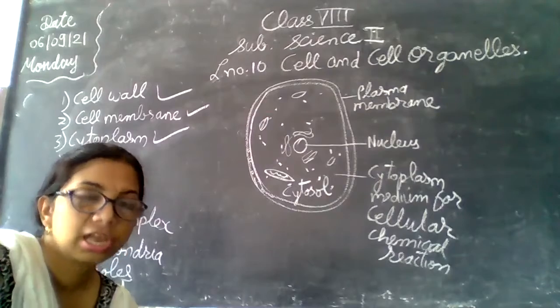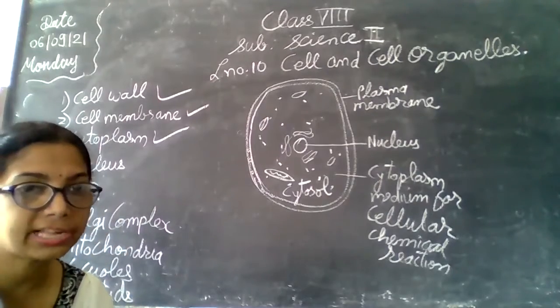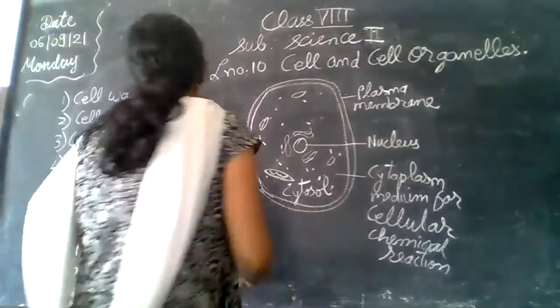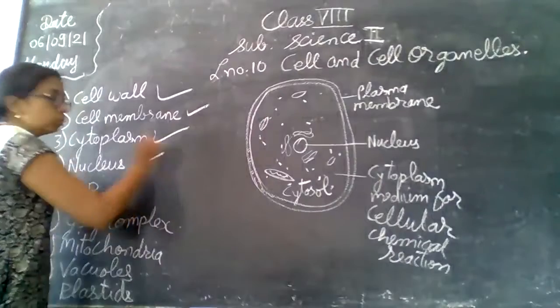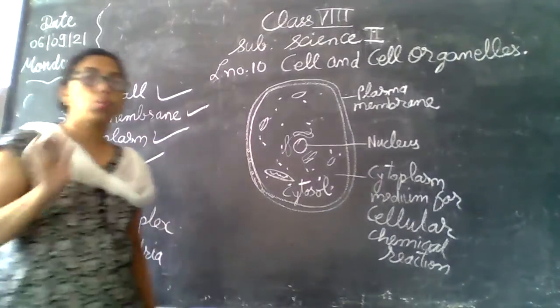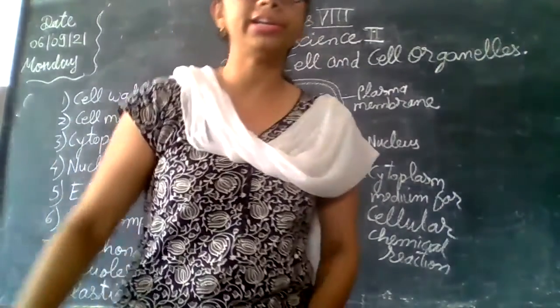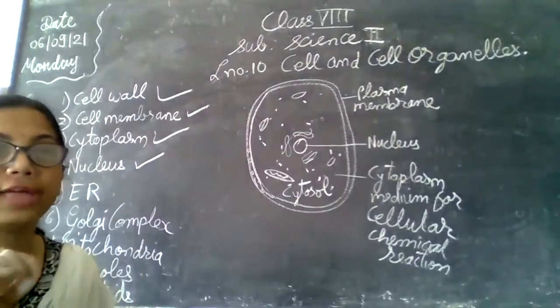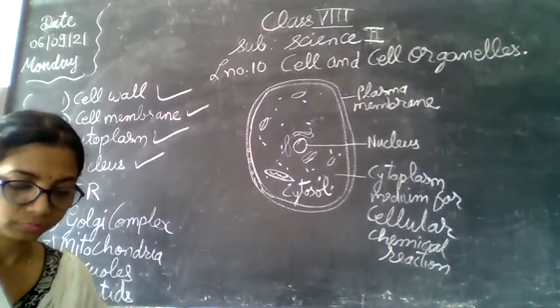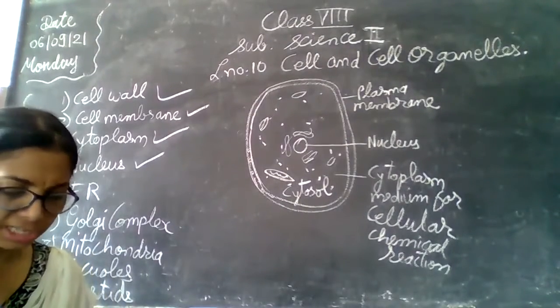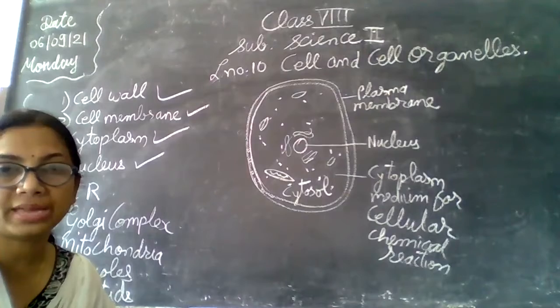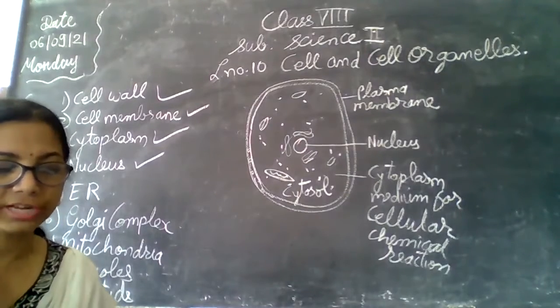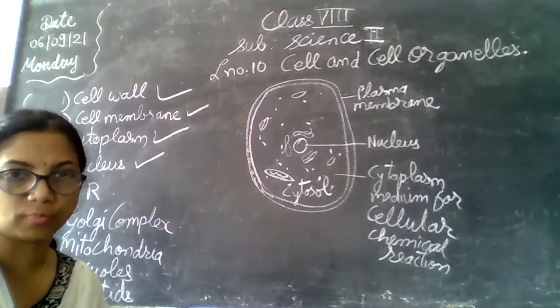So let us come to our next cell organelle, that is the nucleus. The nucleus is a very, very important cell organelle of any cell. For this purpose, you can take an onion peel and observe it under the microscope.